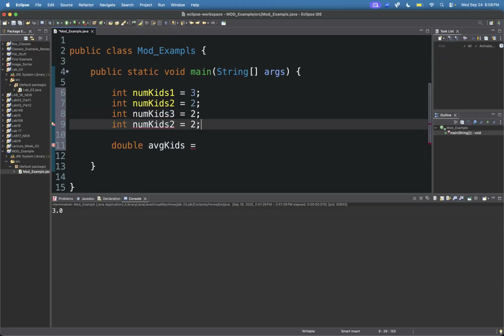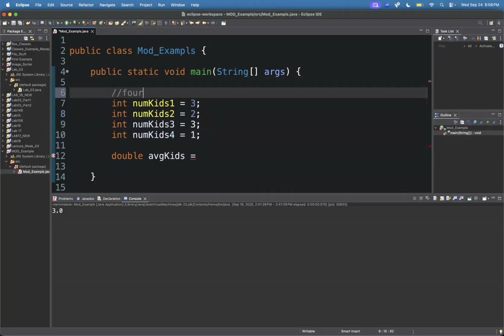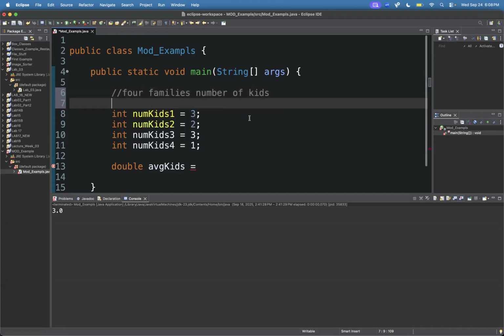And we'll do num kids 4. These are going to be the number of kids that 4 families have. So they have 3 kids, 2 kids, 3 kids, 1 kid.